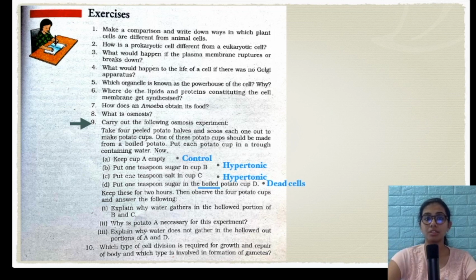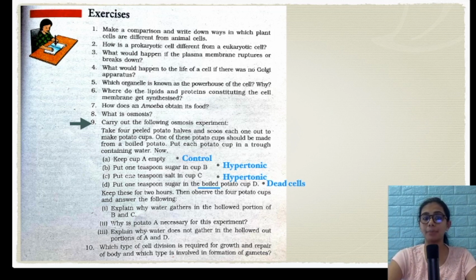But when the question is about the movement of water, take into consideration the amount of water in that. In a hypertonic solution, because solute concentration is high, water concentration will be low. The solute concentration and water concentration are always inversely proportional. That means when one is high, the other will naturally be low. So now let's consider the case here.